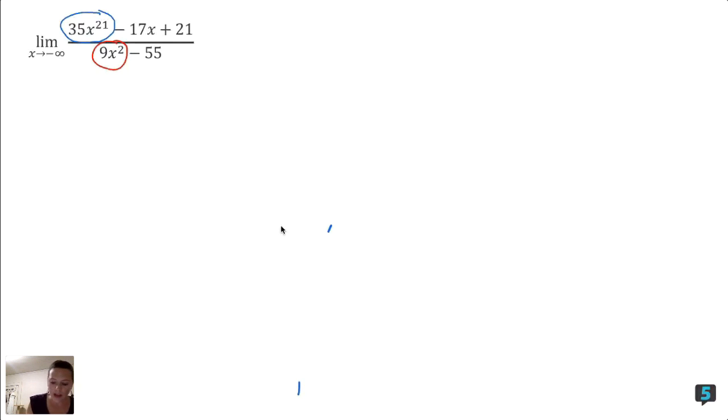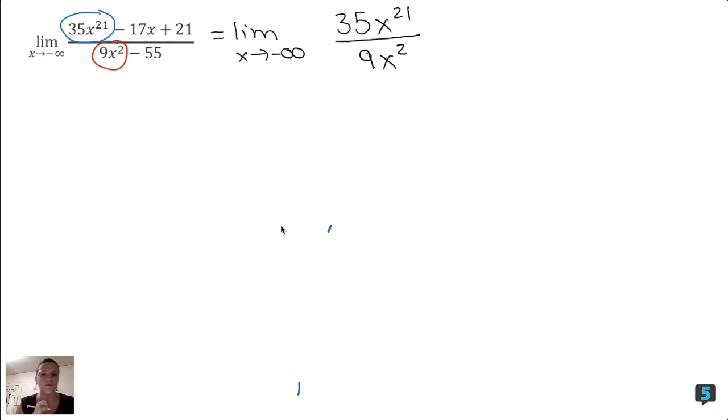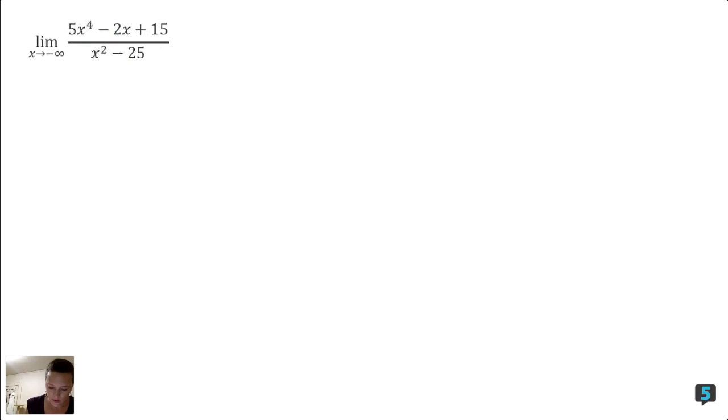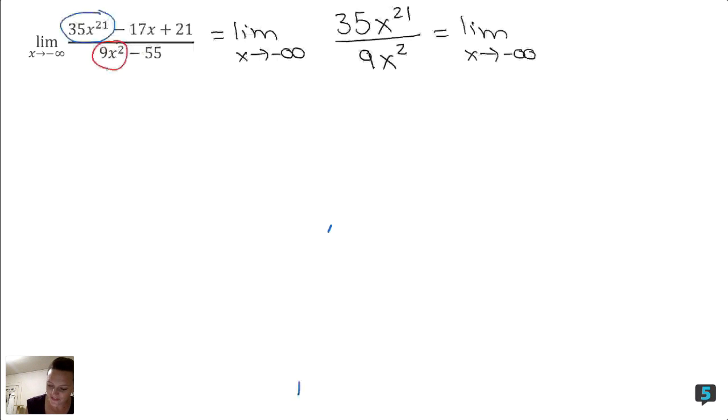Now that means that this limit as x approaches negative infinity is equivalent to 35x to the 21st over 9x squared. Let's simplify that just a bit, and that's going to give us the limit as x approaches negative infinity of 35x to the 19th over 9.